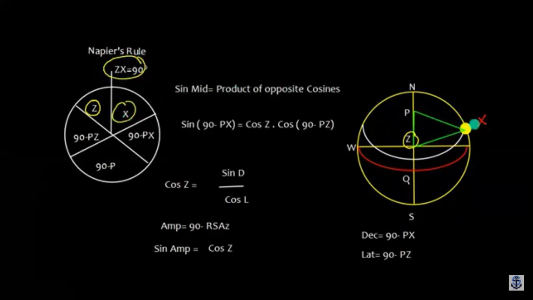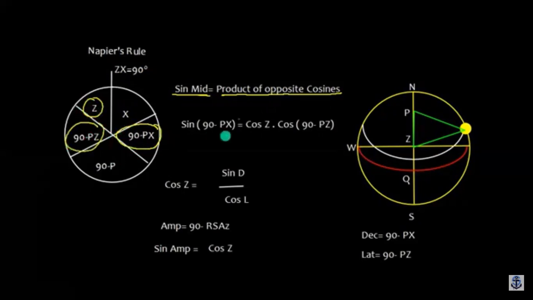We have adjacent angles Z and X, adjacent sides PZ and PX, and the opposite angle P. Sine of middle part is equal to the product of cosines of the opposite parts. So sine of 90 minus P is equal to cos Z into cos of 90 minus PZ.